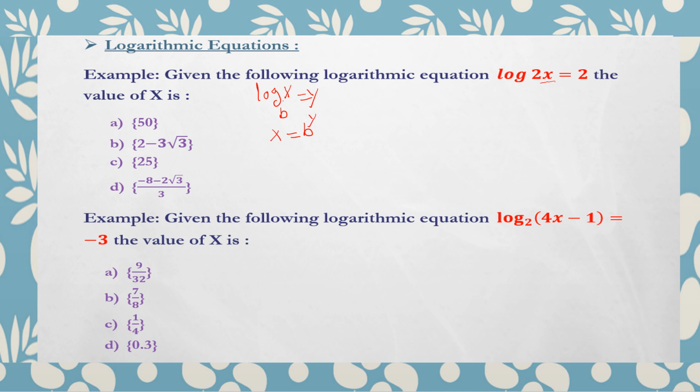And in this case, the base here is not written, and this means it's 10. So log 2x for the base 10 equals 2, and by taking the base of the log, 2x equals 10 to the power 2.